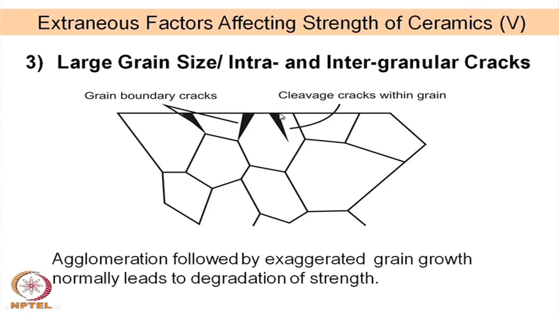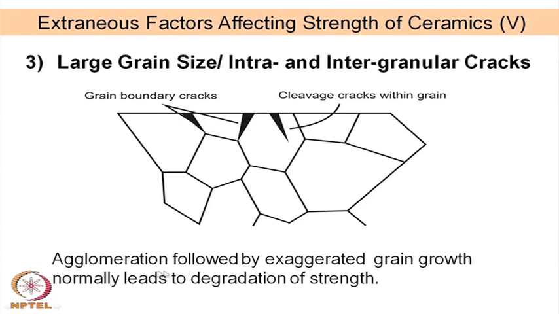So, this is possible when you have a large grain size. That is one of the reasons why the large grain size will have a weaker property, or the strength will be less.